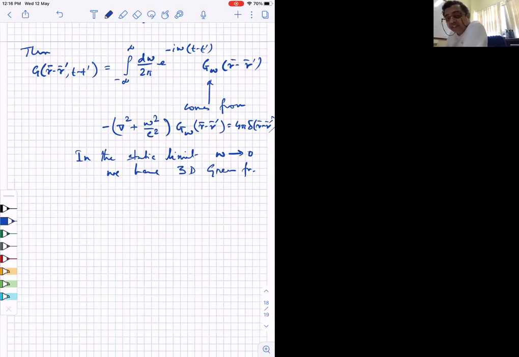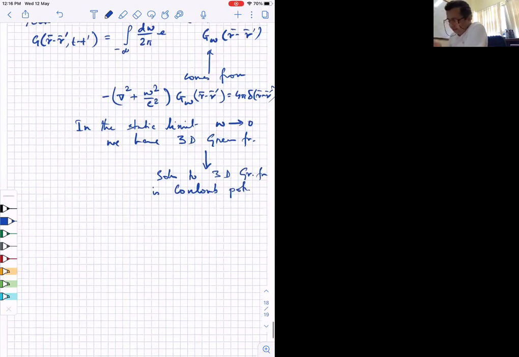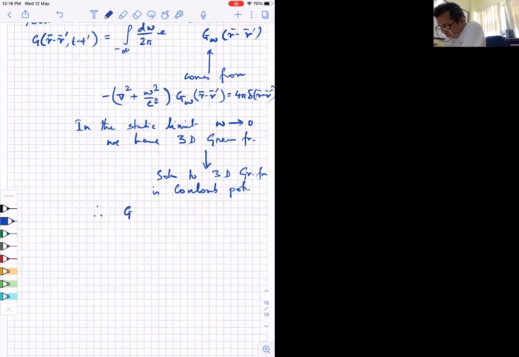In the static limit, the solution to the 3D Green's function is basically the Coulomb potential. Therefore, if I put this equal to 0, the static limit, the solution is nothing but the Coulomb potential, 1 over R minus R prime.